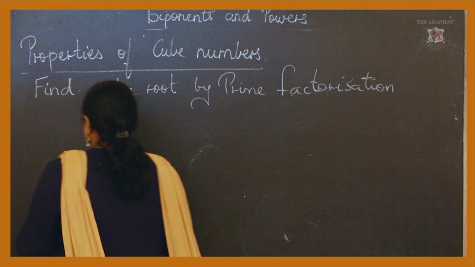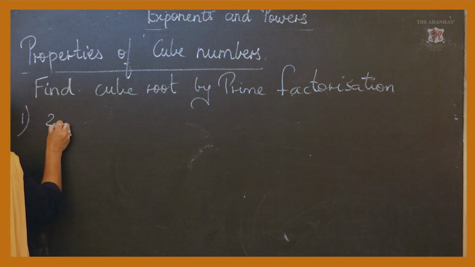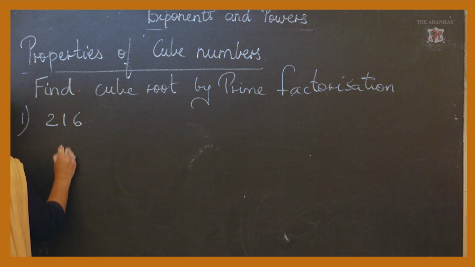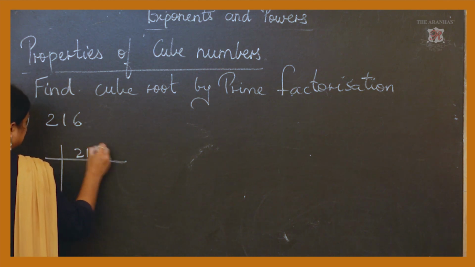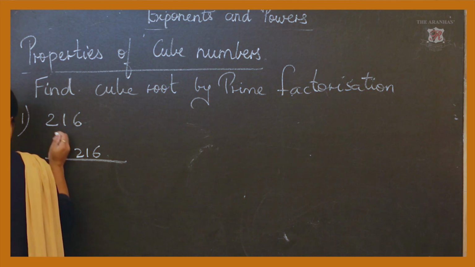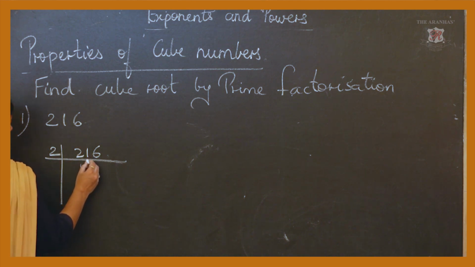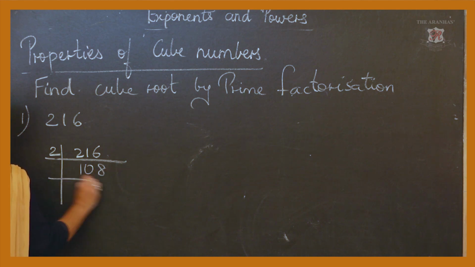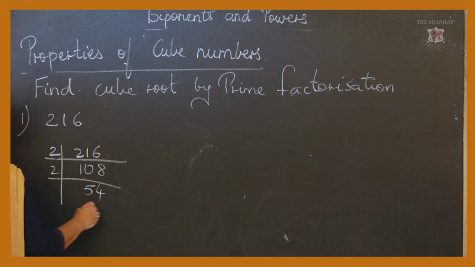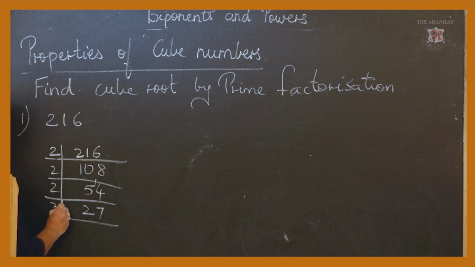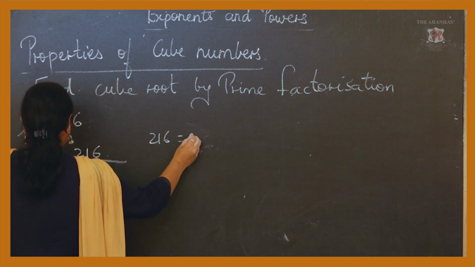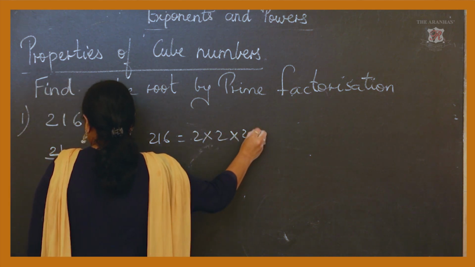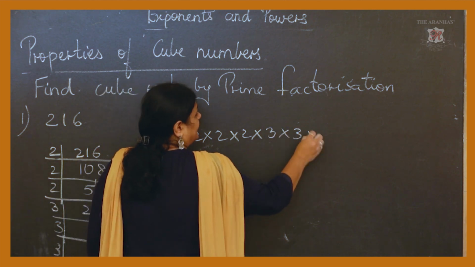Okay, now the first one is 216. 2 ones are 2, 2 eights are 16, 2 fives are 10, 2 fours are 8, 2 twos are 4, 2 sevens are 14, 3 nines are 27, 3 threes are 9, 3 ones are 3. So 216 is equal to what?